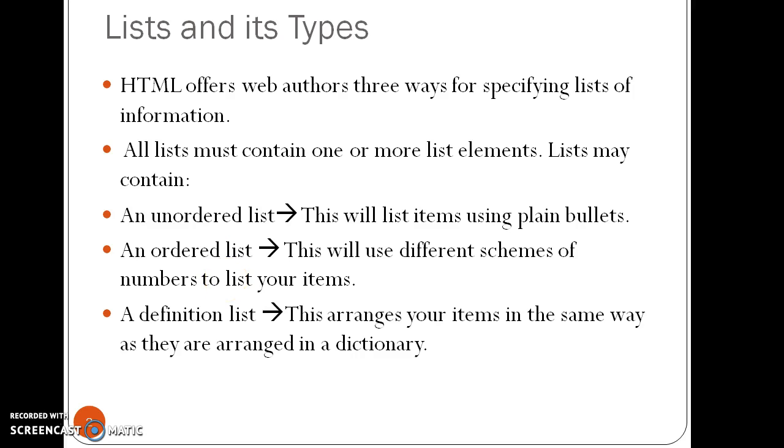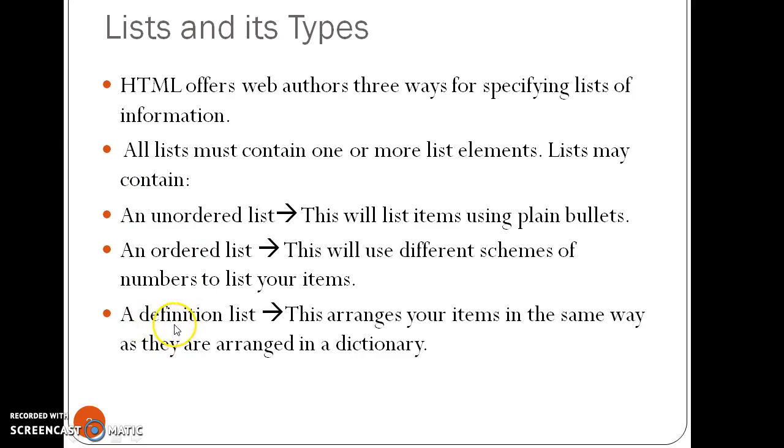Otherwise, the meaning of the algorithm changes. So in such case, the list of instructions given in the algorithm should maintain a particular order. So for that we use ordered list. So depending upon the list that we write, we can use either unordered list or ordered list.